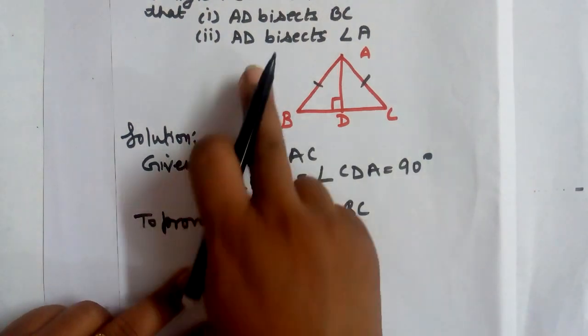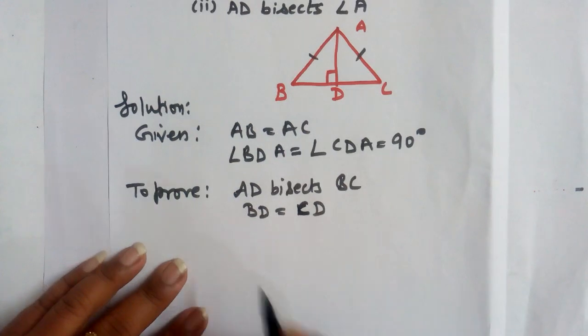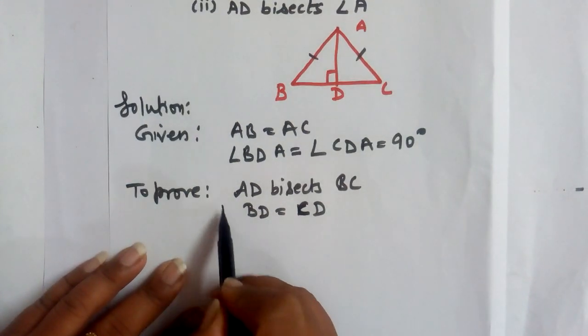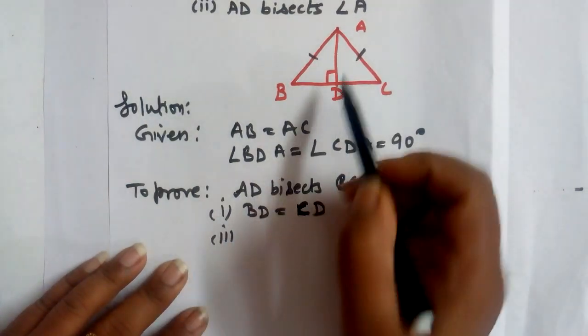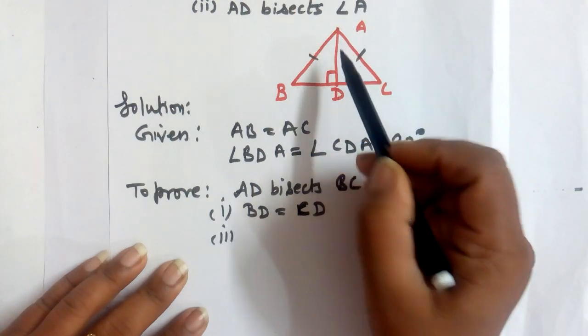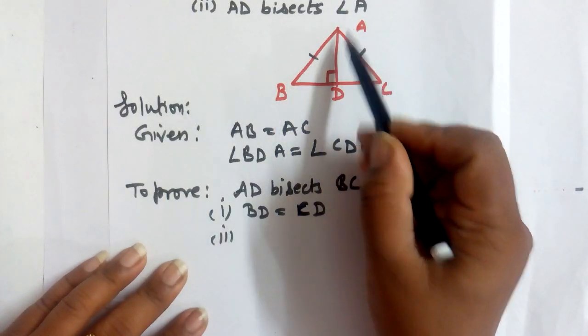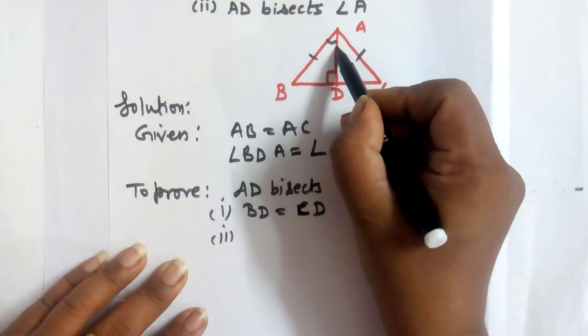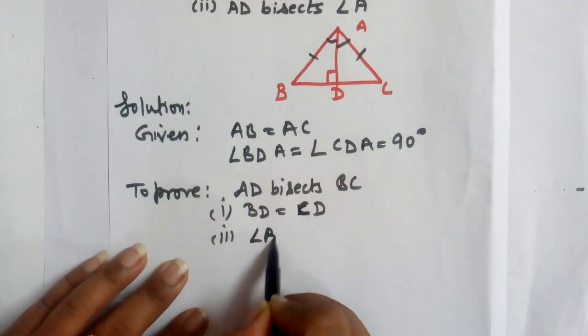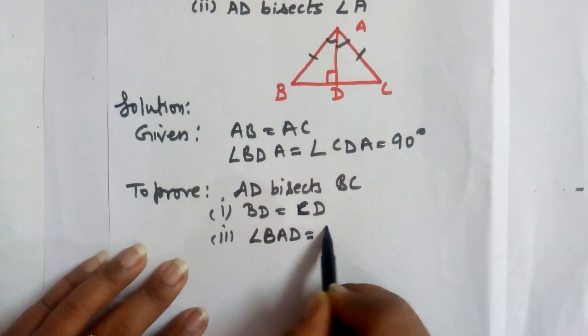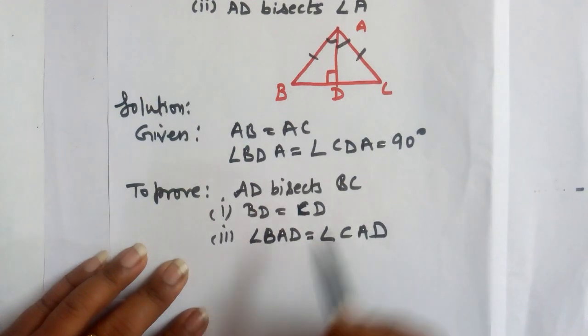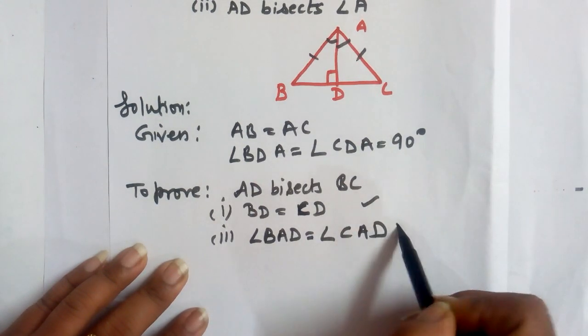And AD bisects angle A. It means we need to prove that angle BAD is equal to angle CAD. Those are the two things that we need to prove.